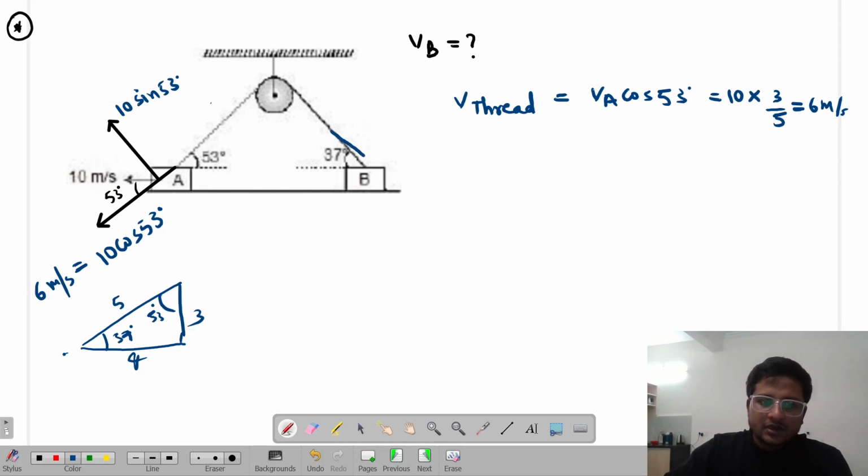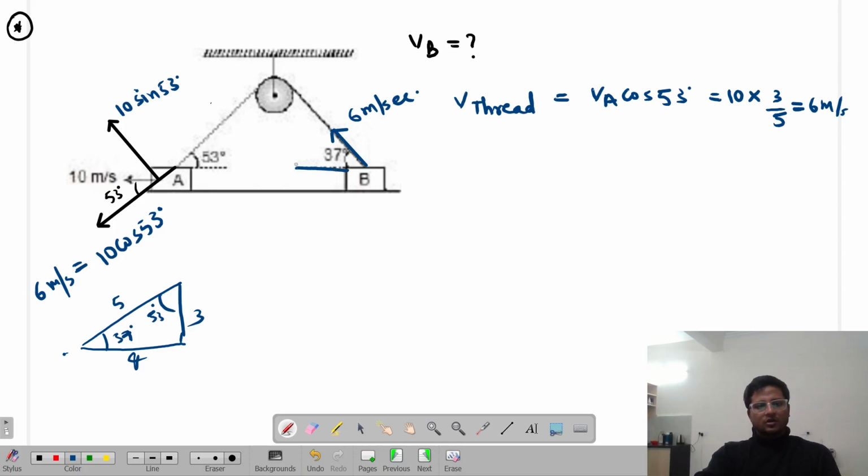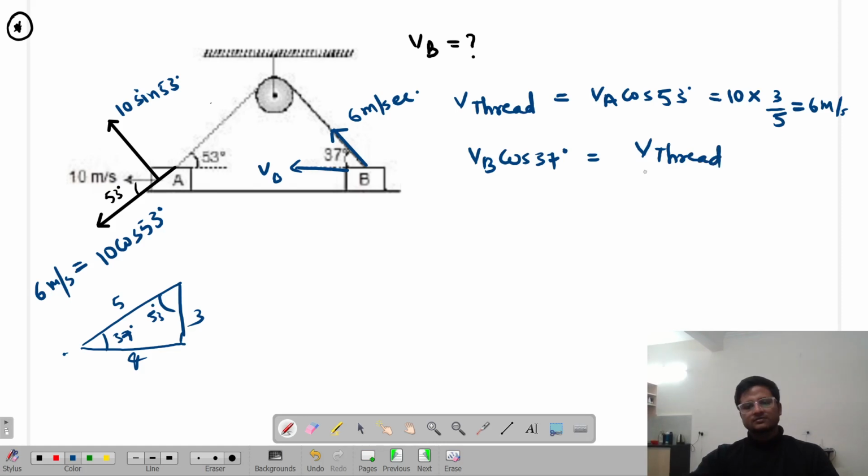So this thread will be pulled with a speed of 6 meter per second along this direction. Velocity of block B is towards this side. Once again, the velocity of block B along the direction of the thread will be V cos 37. That should match the velocity of the thread. So V into cos 37, which is 4 by 5, is equal to the velocity of the thread, which is 6.